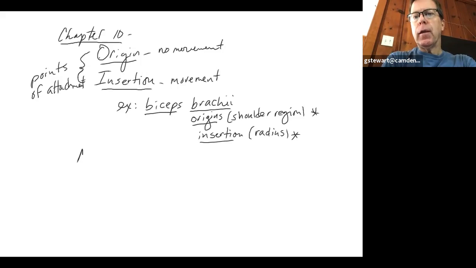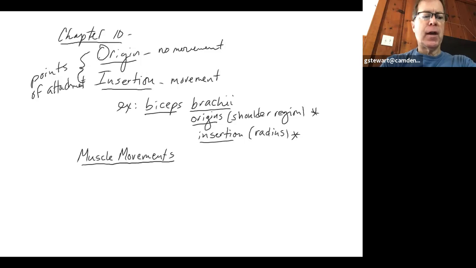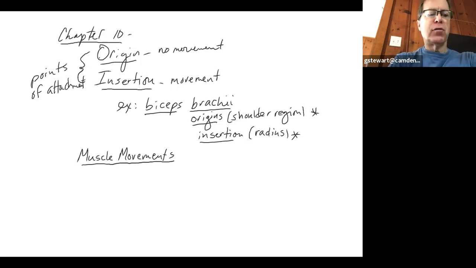Now, I'm going to talk about muscle movements. There are three major categories that we can lump all of our muscles into as to the type of their functional groups.